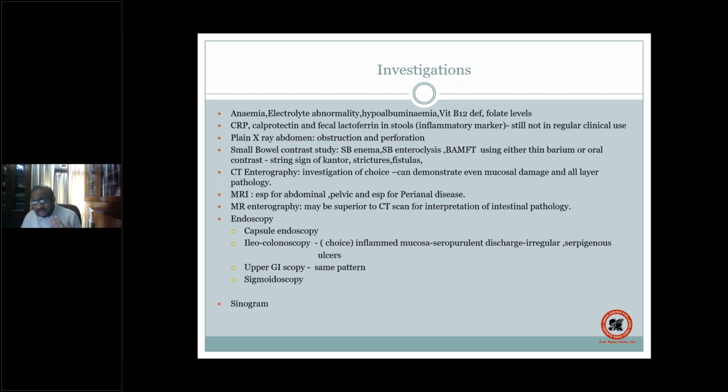So it is providing a histopathological diagnosis. And endoscopy, which can provide histological diagnosis, can be an upper GI endoscopy, a colonoscopy, or a sigmoidoscopy. A capsule endoscopy does not give you the benefit of providing a biopsy specimen, but otherwise it helps you in delineating the process.